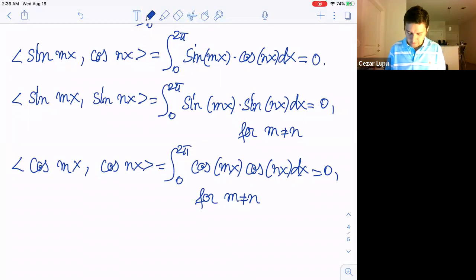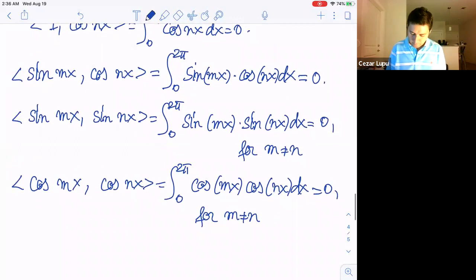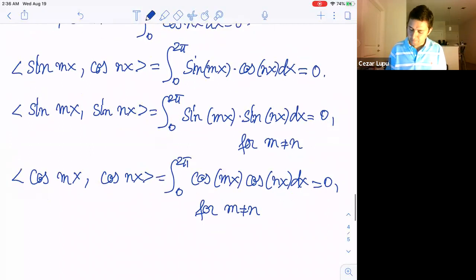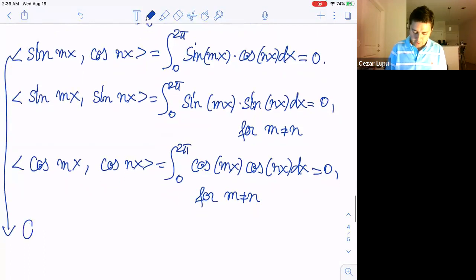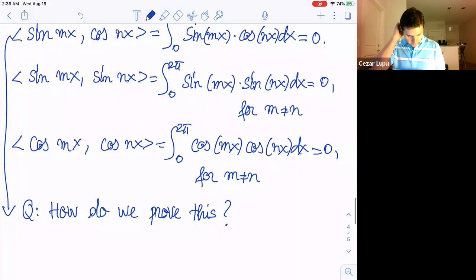Let's look at, for example, the sine and cosine, the first one. So the question is, how do we show this? Because it's not obvious. Well, it kind of requires a little bit of trigonometry.